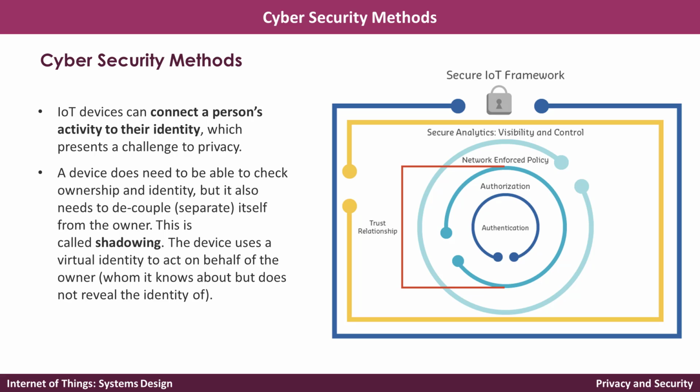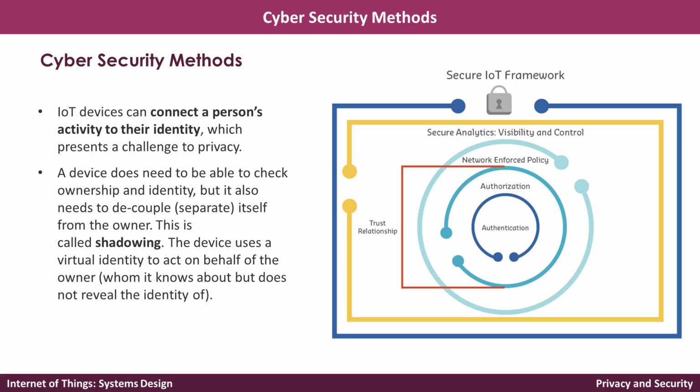However, the problem is when the identity of a device is linked to the identity of the owner, that could violate privacy. So we need to find ways to have an identity for both owners and devices, but be able to decouple them so we don't violate their privacy.